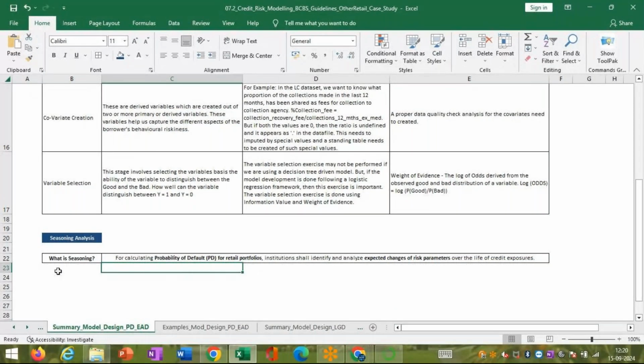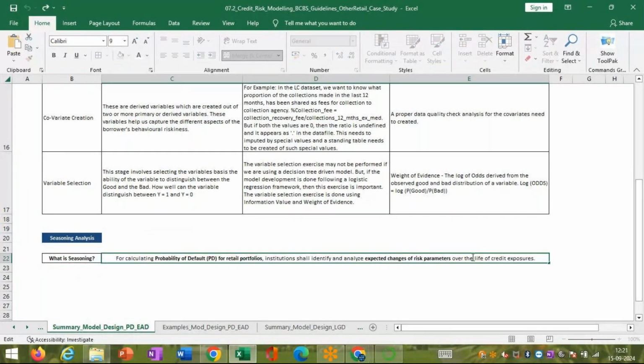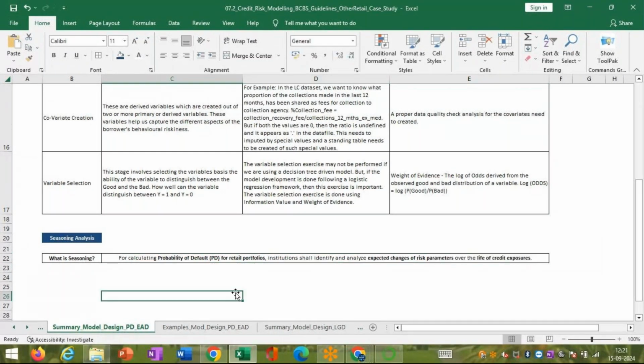So the next question is why loan age is a predictive factor. There are expected changes of risk parameters which have to be assessed over the life of the exposure, so whether the riskiness of the loan can change with the life of the credit exposure. Why do you think the age of a loan, or the duration or maturity of the loan, is a predictive factor of default rate?